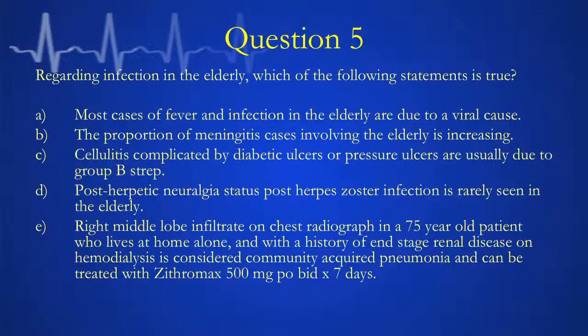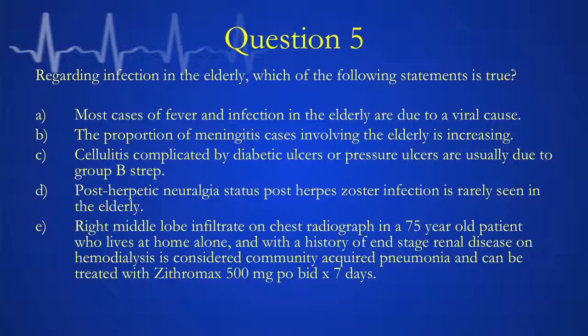Regarding infection in the elderly, which of the following statements is true? A, most cases of fever and infection in the elderly are due to a viral cause? B, the proportion of meningitis cases involving the elderly is increasing? C, cellulitis complicated by diabetic ulcers or pressure ulcers are usually due to group B strep? D, post-herpetic neuralgia, status post herpes zoster infection, is rarely seen in the elderly?